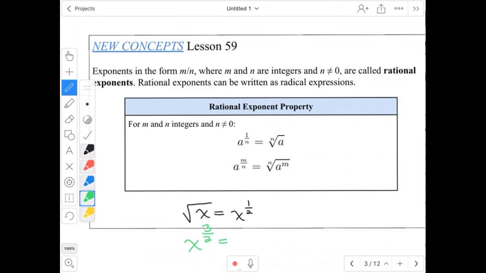So the top number is the power that's going to go with the base, in this case an x, and the denominator of that exponent is what power of a root that we will take. So this would be the square root of x cubed, is what that would look like. Just to give you another example, if you don't like their m over n and a and everything like that.